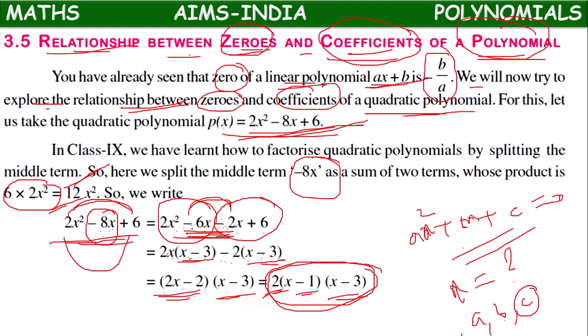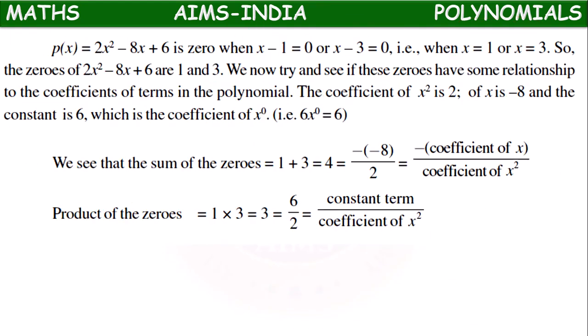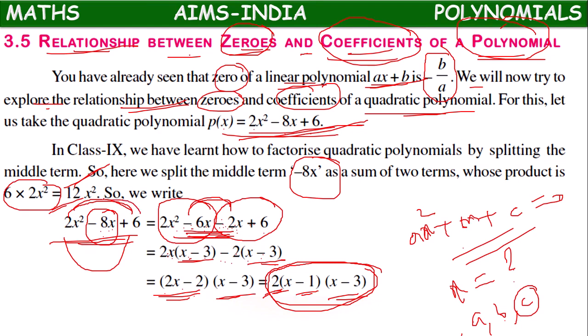So these are the factors. What does it mean? p of x equal to 2x square minus 8x plus 6 is 0 when x minus 1 equals 0 or x minus 3 equals 0. The value of the polynomial will be 0 if one of the factors is 0.